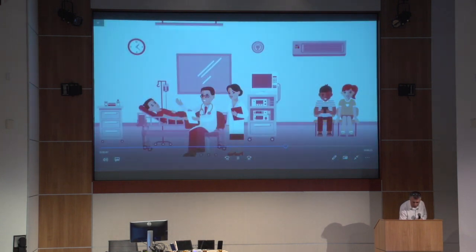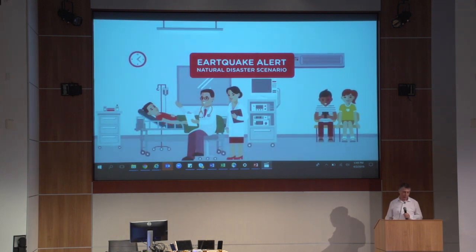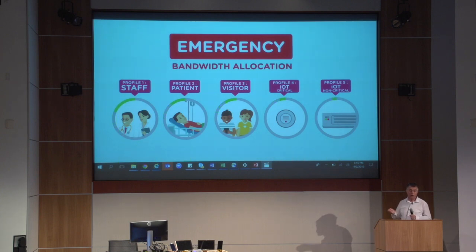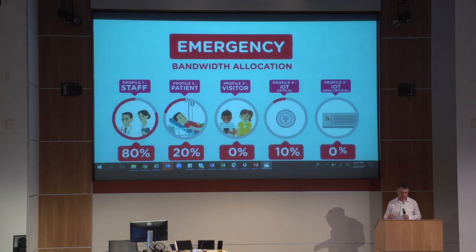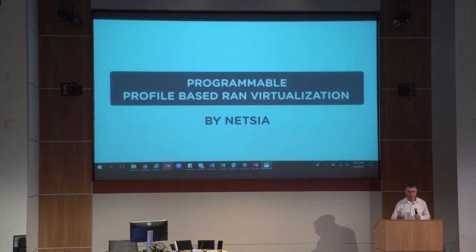Okay. So as we talked before, an earthquake happens and it automatically triggers the emergency mode at the hospital management system. That also triggers some changes on the slice allocations, and we provide more capacity to doctors. So that was the animation.